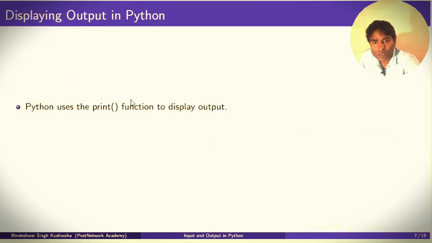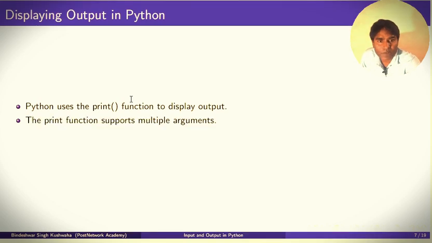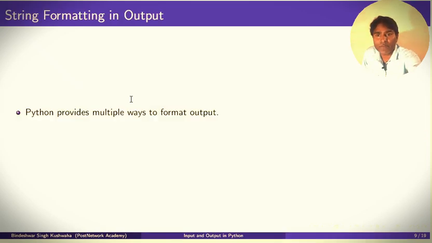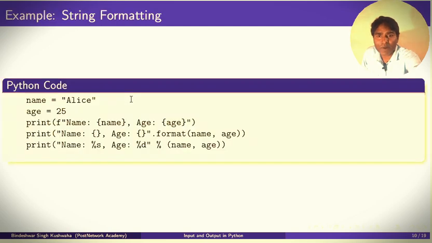Now Python uses the print function to display output. We are already doing that. See that here we have already printed name and age. Let us see some string formatting of output.